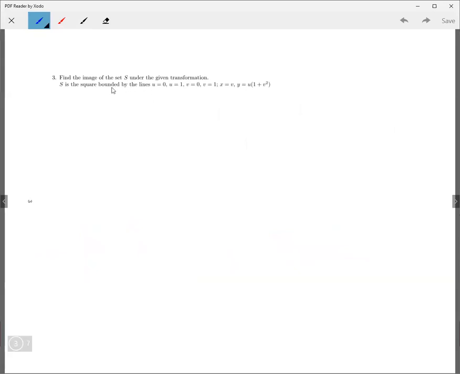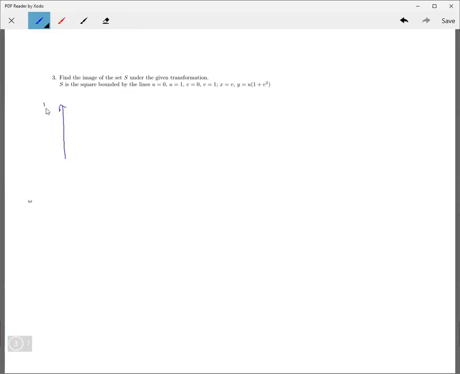Number 3. Find the image of the set S under the given transformation. S is the square bounded by the lines U equals 0, U equals 1, V equals 0, and V equals 1. Let me go ahead and draw what that looks like.